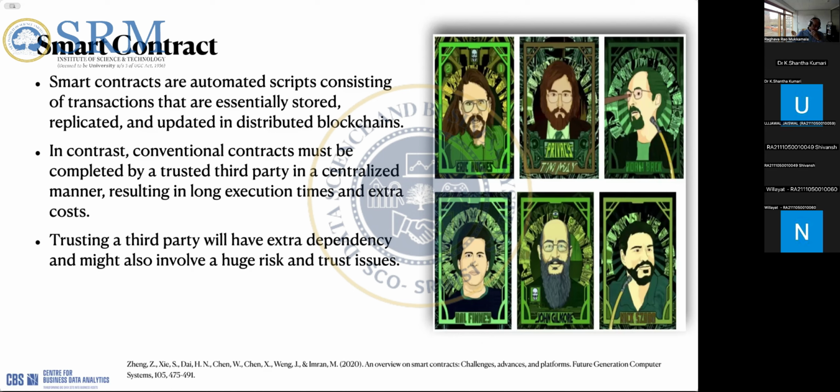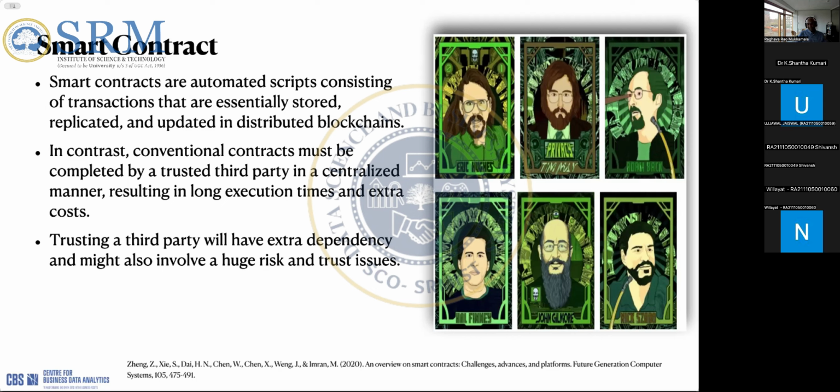Then you have a set of intermediaries playing a role in this example. For example, a bank could be one intermediary transferring the money from the buyer to the seller. And then you might also have a marketplace like Amazon, where buyer and seller can exchange information and agree on those things.